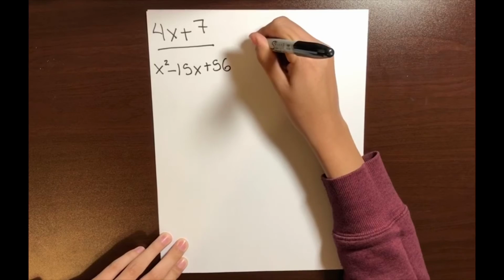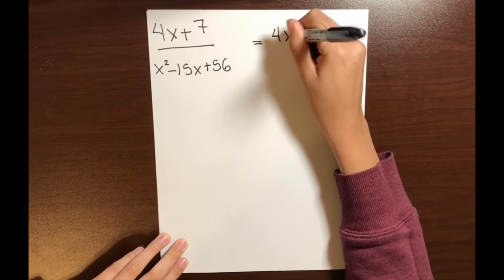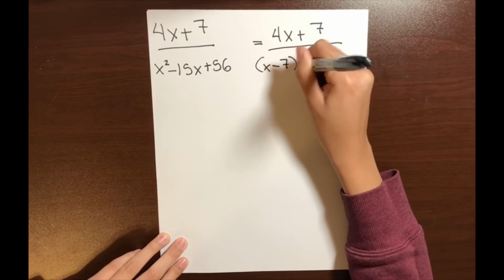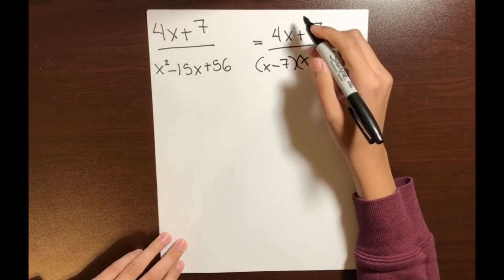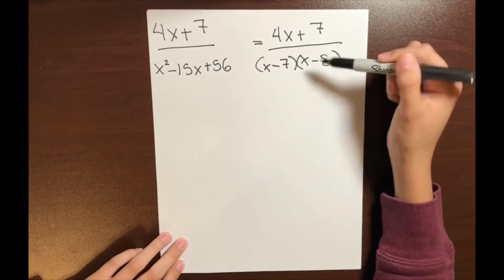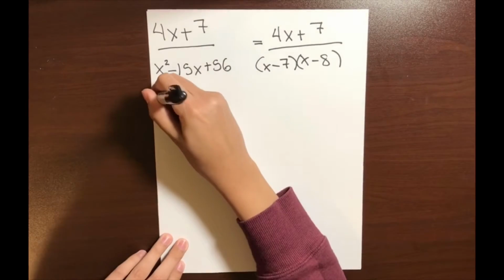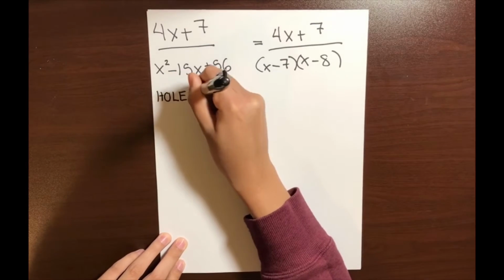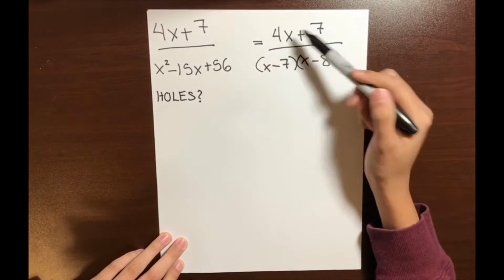First, you need to factor. As you can see, you can't do anything in the numerator, so you leave it like that. Then you're going to factor the denominator, which will be x minus 7 and x minus 8. Then you need to see if there are any holes in the equation, which there aren't any as none of the expressions are the same.